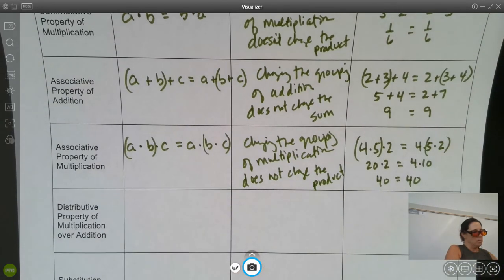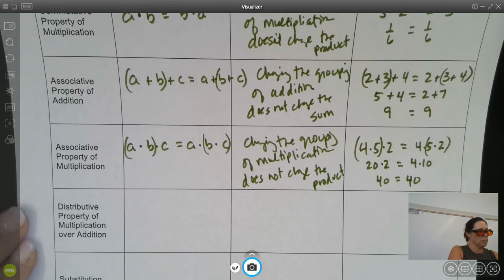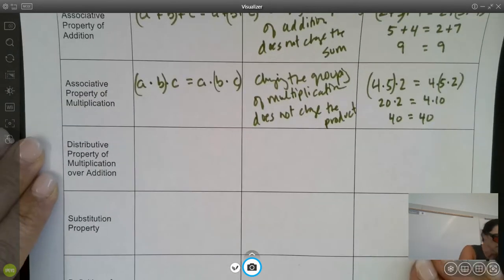All right, now the distributive property is something we just learned. So this is the new one adding in here.